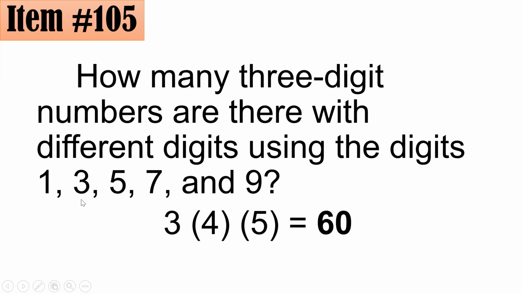And sa 4 na to, halimbawa, 3, 5, 7, 9, ginamit mo si 3 dito. So, 5, 7, 9 na lang yung natitira para sa hundreds place. That's why 3 times 4 times 5 will give you 60. Letter D. Bakit natin minultiply? By the fundamental counting principle. Thank you po.